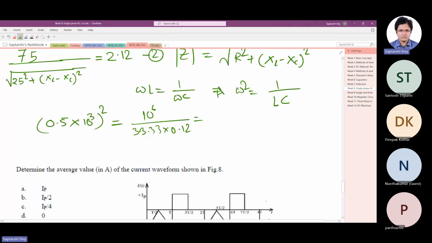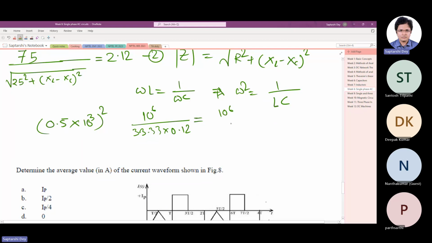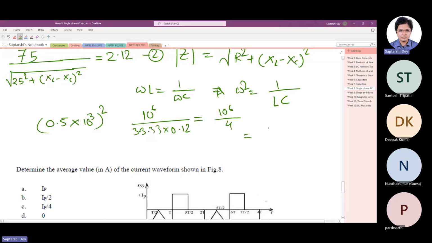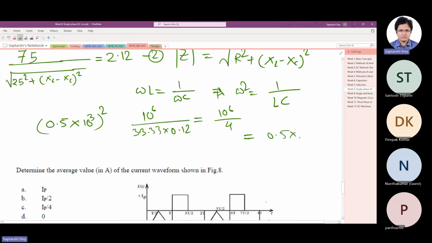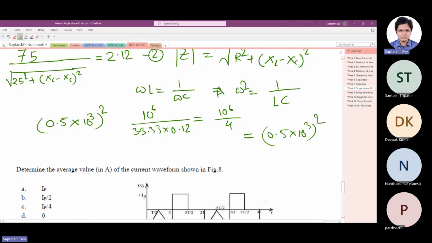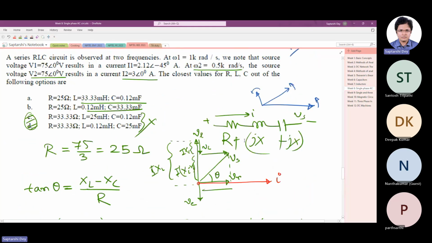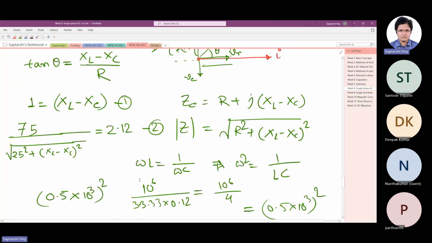What you are getting is 10 to the power 6 by 4, which is this one, basically 0.5 times 10 cube. So they have done a trickery here. Just by looking at the resonance frequency, we cannot solve. We have to anyway solve these two equations.